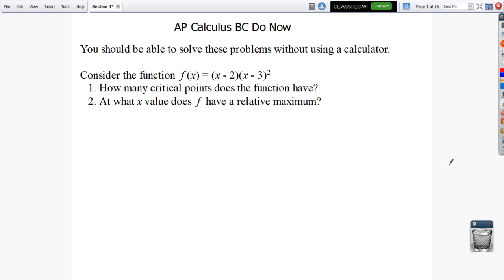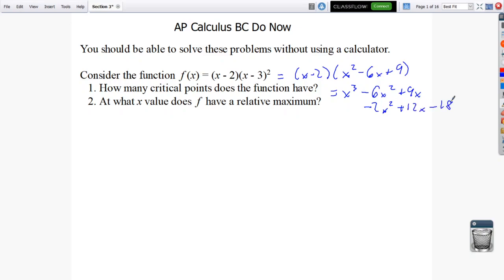Notice we're trying to find critical points of the function. Probably your best bet for that one is to expand this polynomial, so that we have (x minus 2) times (x squared minus 6x plus 9), and then actually multiplying it out, we'll have x cubed minus 6x squared plus 9x minus 2x squared plus 12x minus 18.